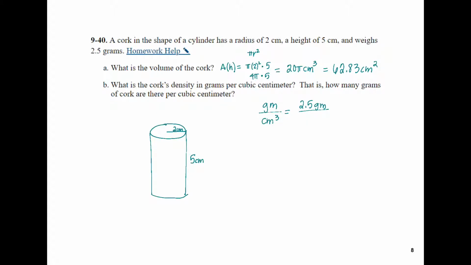So it's important to multiply your 20 pi out first, otherwise put 20 pi in parentheses so it follows your order of operations and multiplies that first instead of multiplying by pi second. And we would get approximately 0.0397, which would round to 0.04 grams per centimeter cubed.